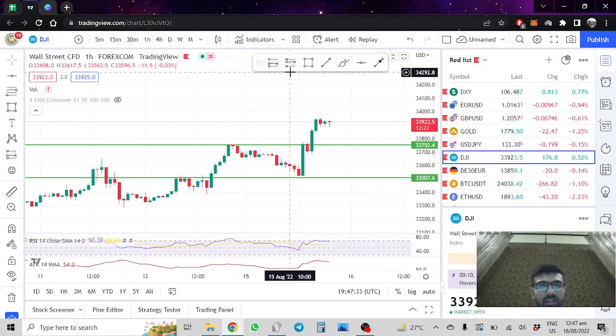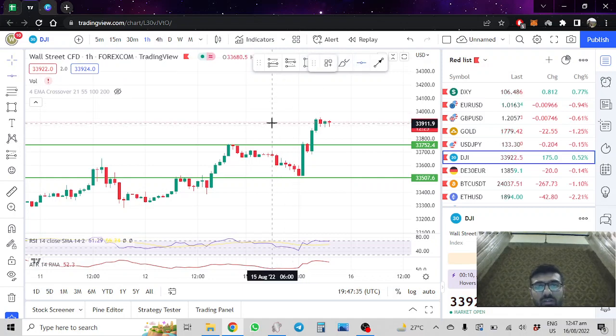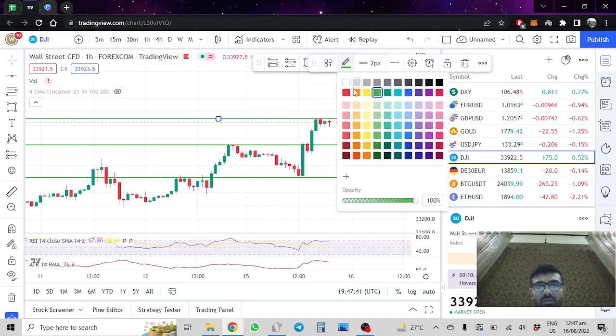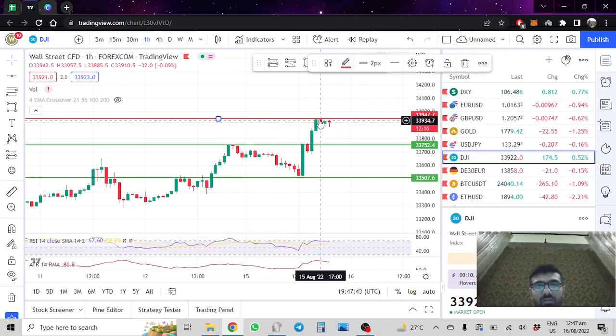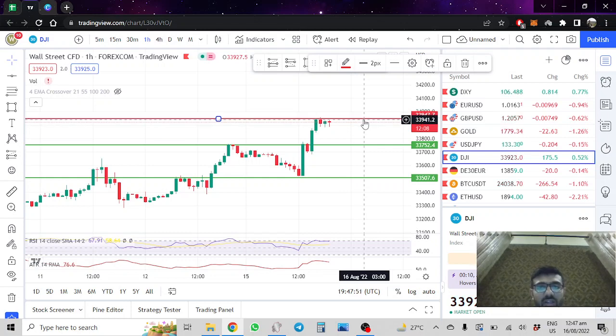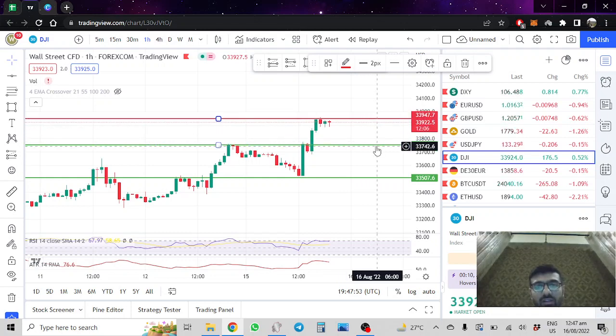And for a resistance zone, currently we have this area. I'm gonna mark this color red. So what do we have? If we have a double top and we close a sell over here, then we can do some retracement till this level, and if we are in a good push down, then we can even test this area.